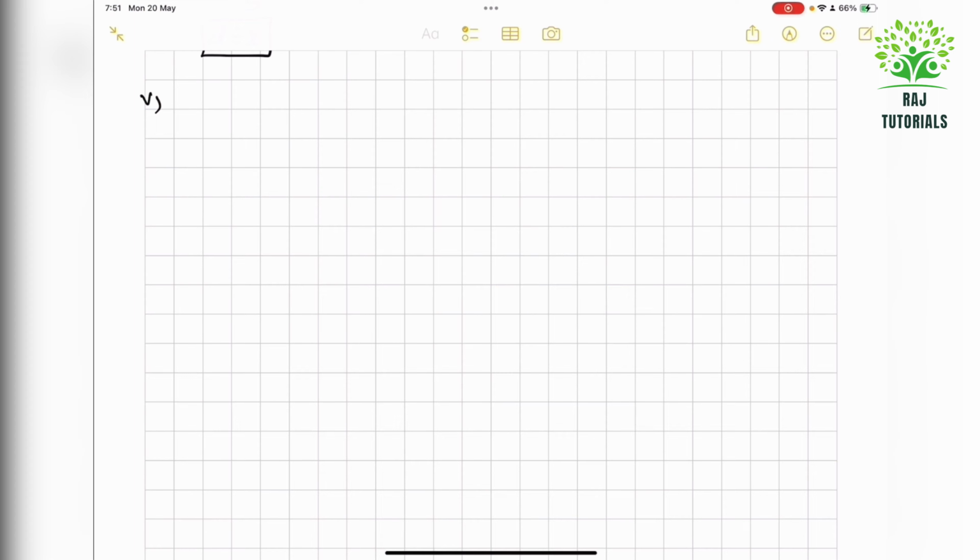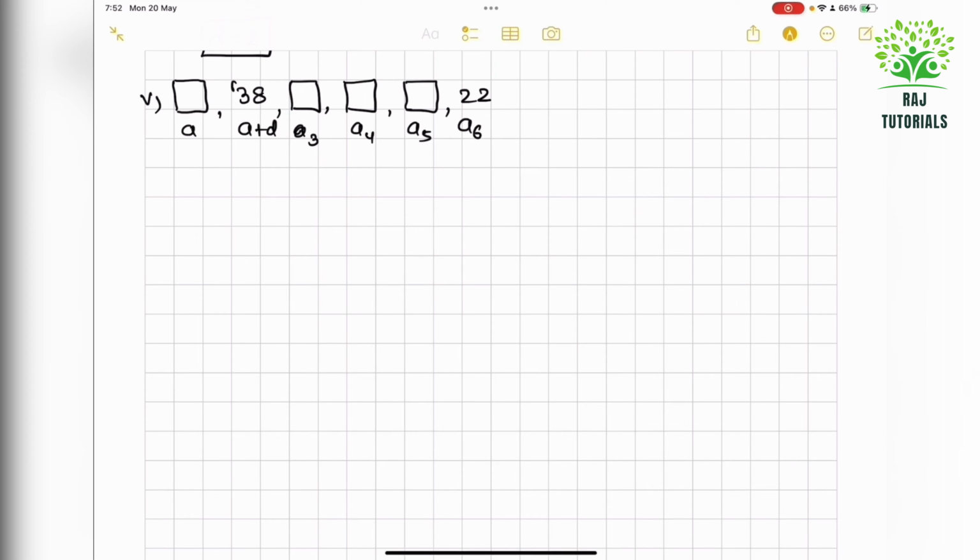Then it says box, 38, box, box, box, 22. So a I don't know. A plus d, that is A2, I know. A3 I don't know. A4 I don't know. A5 I don't know. A6 I know. So A2, that is a plus d, equal to 38.